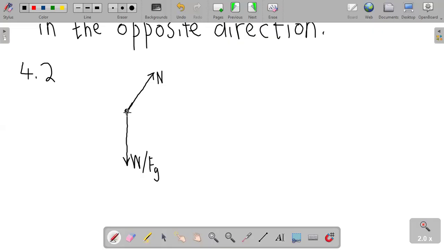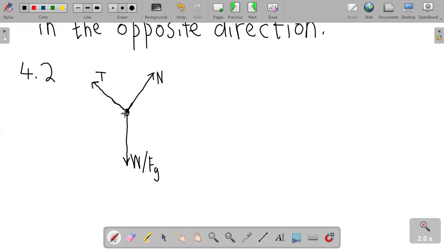Then there is the tension, which is going back like that, from the string going the other side.